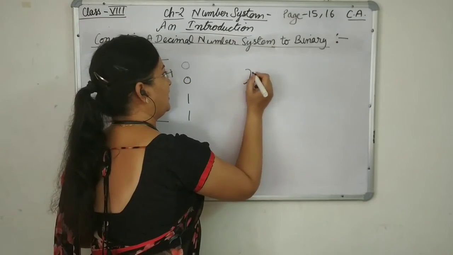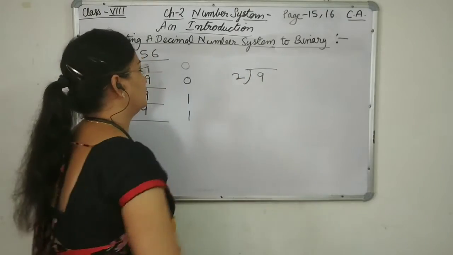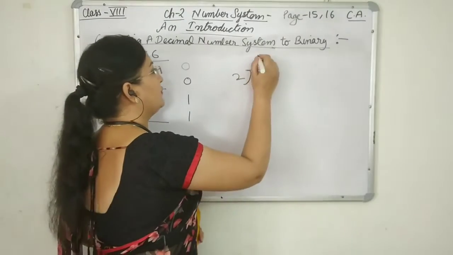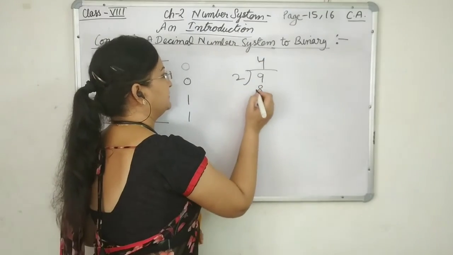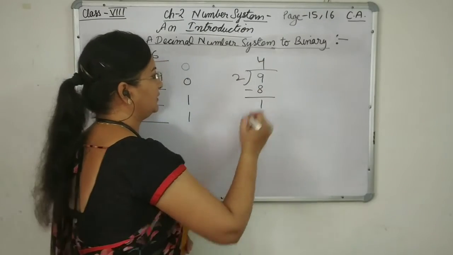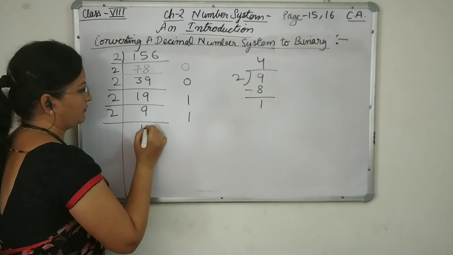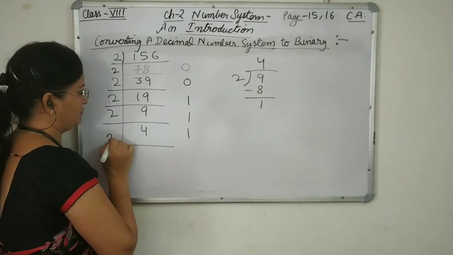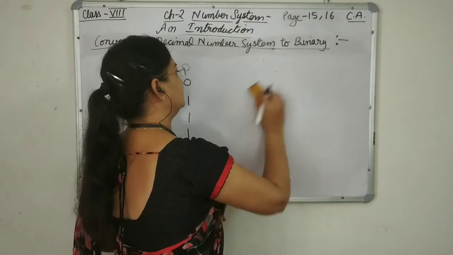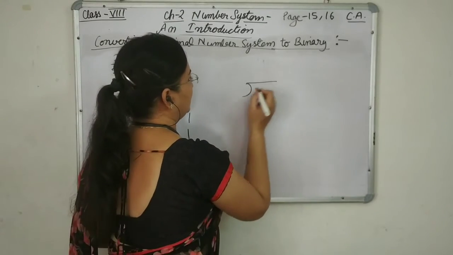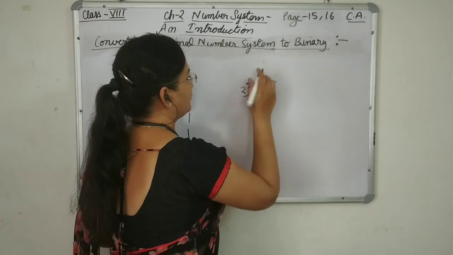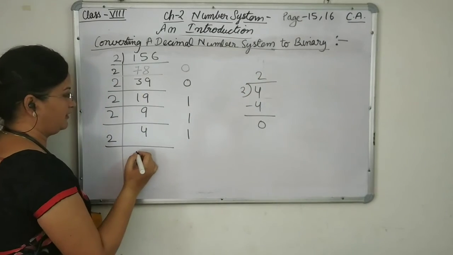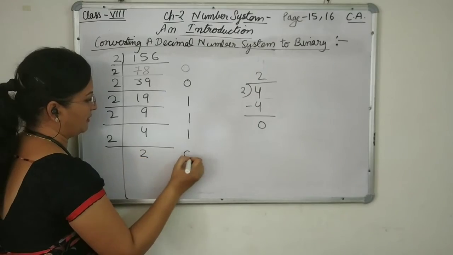Write 9 here, 2 fours are 8, remainder 1. Again divide 9 by 2. 2 fours are 8, remainder 1. Now 4 by 2: 2 twos are 4, remainder 0. So quotient 2 and remainder 0.